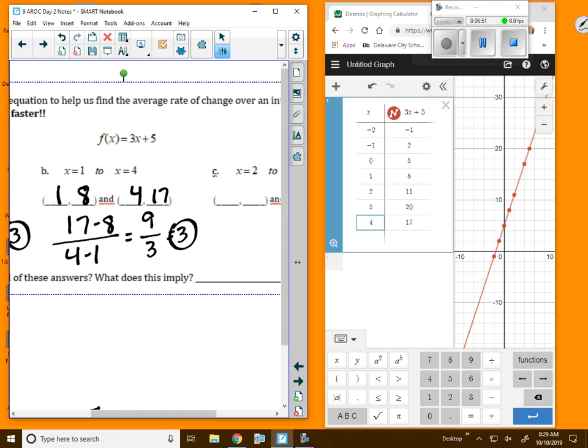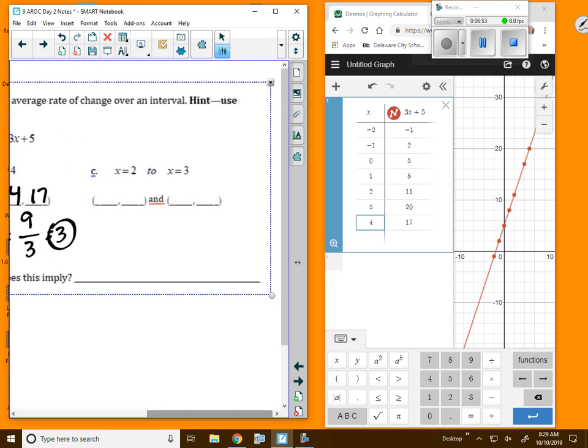All right, and letter C, 2 and 3. We don't have 3 up there yet, so let's put 3 up there. 2 corresponds to 11, and 3 to 14.